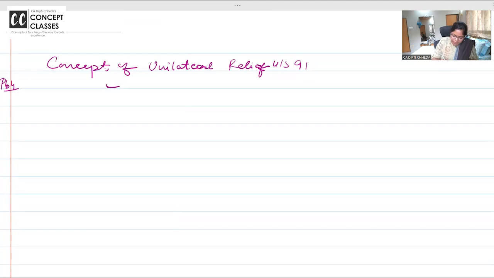Chalo. Very easy and very scoring problem. Computation of income of Zoya for previous year 22-23. Okay.